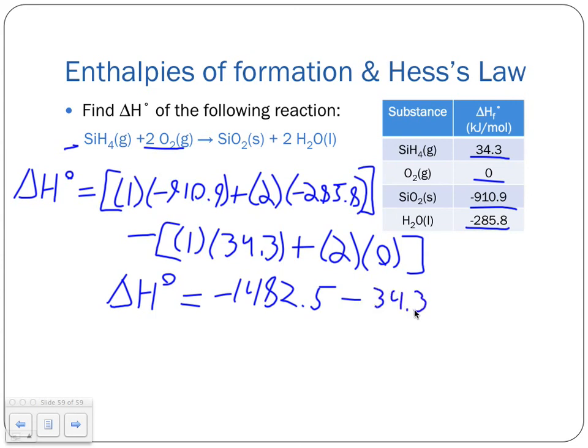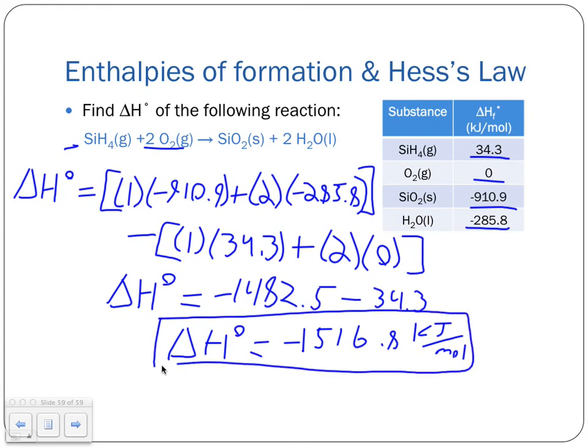So negative 1482.5 minus 34.3 is going to give me a total here of negative 1516.8 kilojoules per mole. And that is going to be our final enthalpy change, or heat of reaction for this particular reaction.